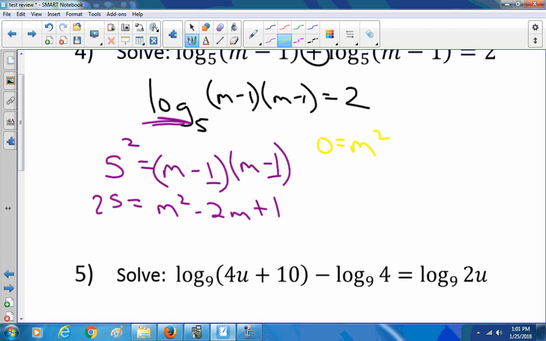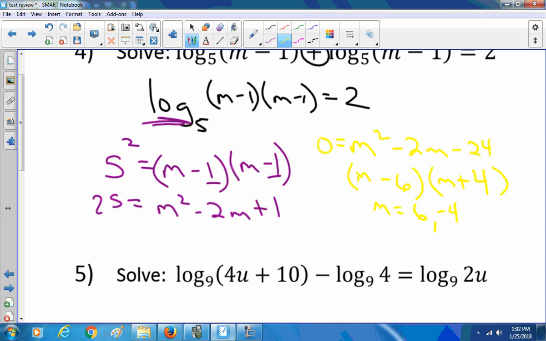M squared minus 2m minus 24, and we can then do the quadratic formula if we want, or if it's factorable, we should just factor it. So let's factor it. Factors of 24 that get me to 2 are 6 and 4. I want -2, so -6 and +4. So my current answers are m equals 6 and -4.